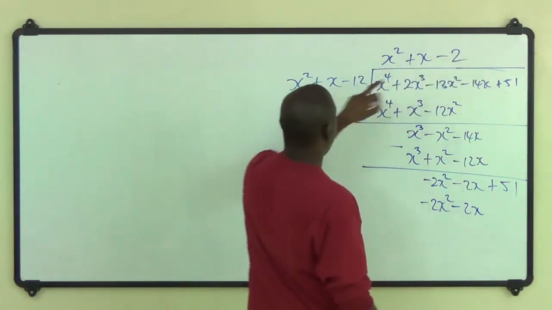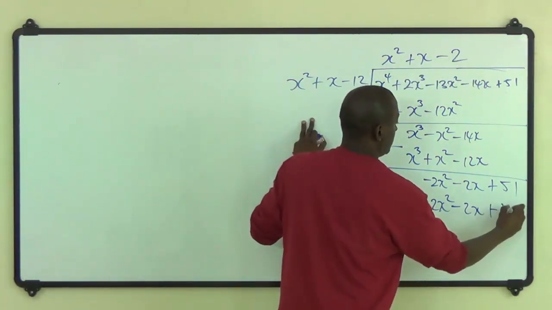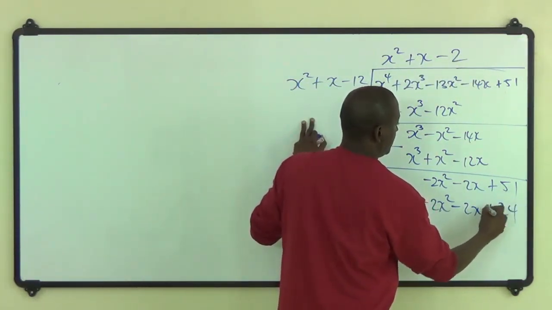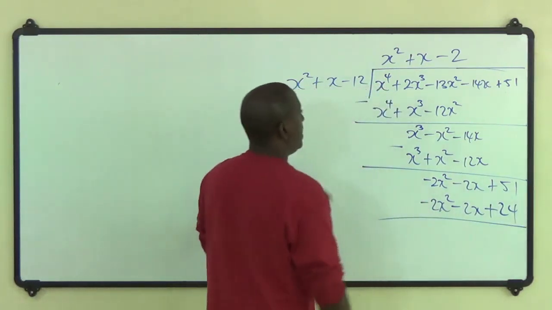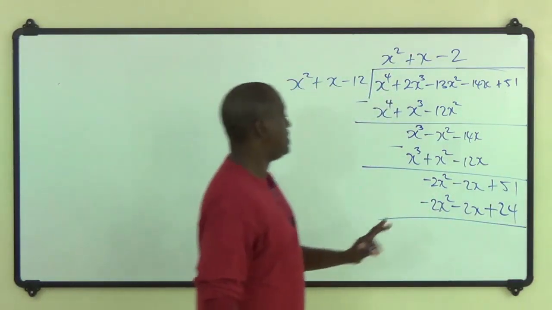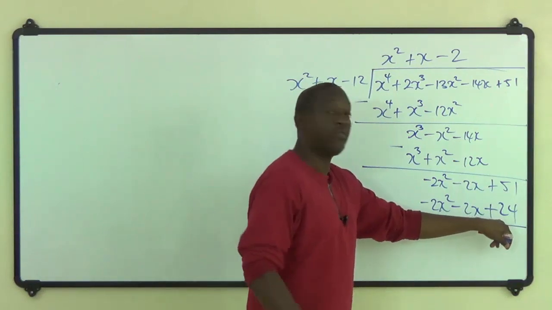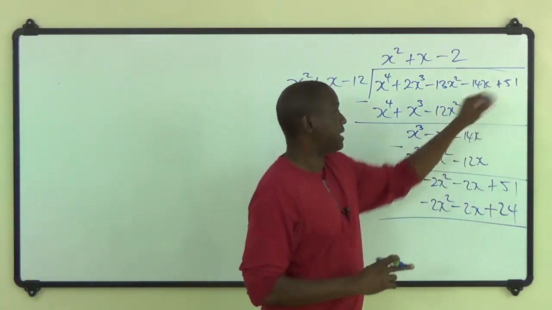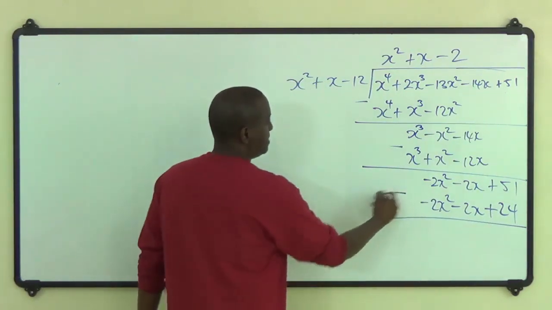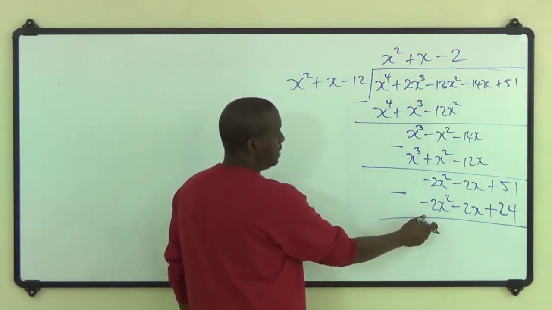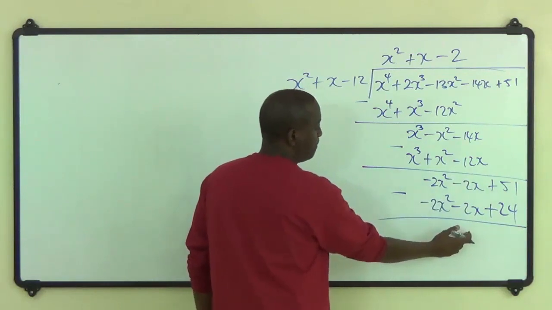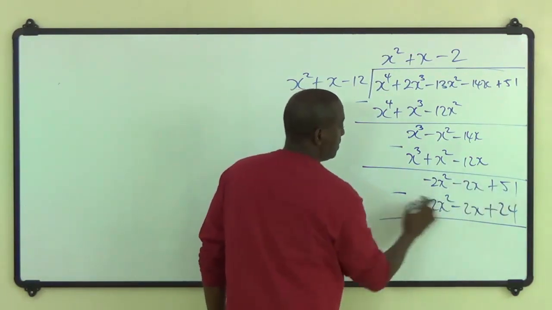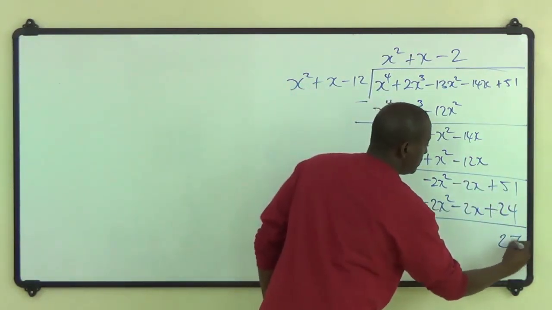And minus 2 by minus 12 is plus 24. So the same 24 that we would have gotten from the original polynomial, but we would have added 27 to this to get the 51 here. So now we're minusing, 0, 0 again. 51 minus 24 is, guess how much? 27.